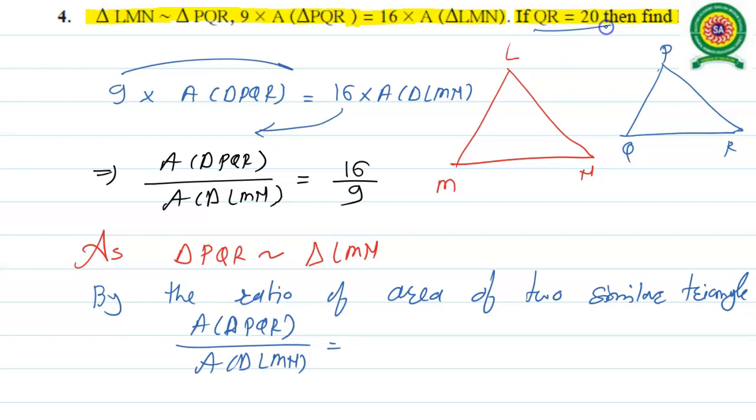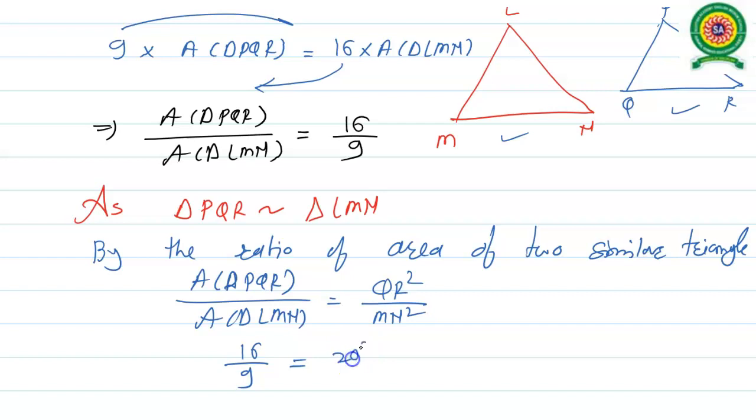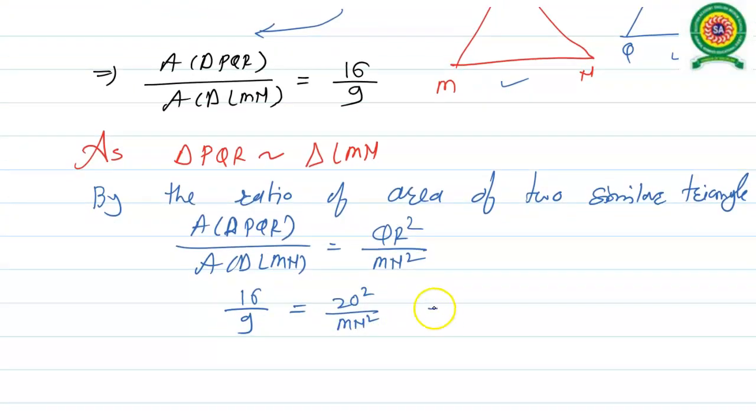Now we are given QR equals 20, and QR corresponds to MN, so we write QR square divided by MN square. The ratio of their areas is 16:9, so 16 divided by 9 equals 20 square divided by MN square. 20 square becomes 400, so 16 divided by 9 equals 400 divided by MN square.